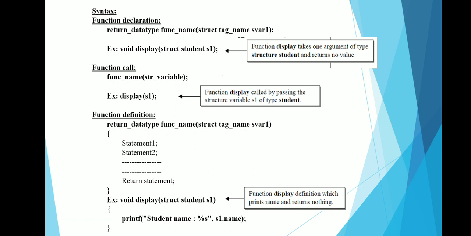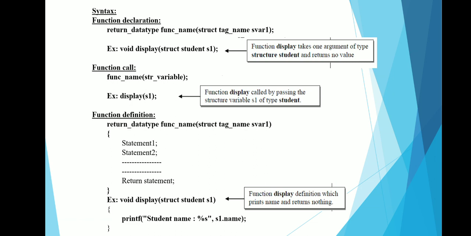So again we know that if a function is returning something, then we need one variable which holds that return value. Since this particular example is not returning anything, we are not going to have any extra variable which will hold this value. That's why we can just say the function name followed by the structure variable name. So in this example, the structure variable name is nothing but S1.